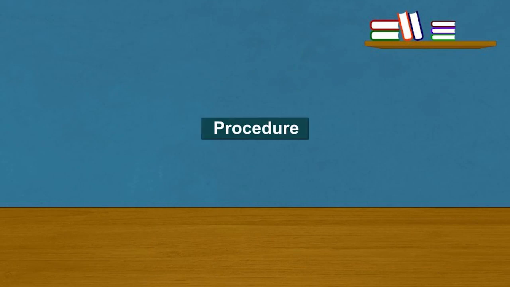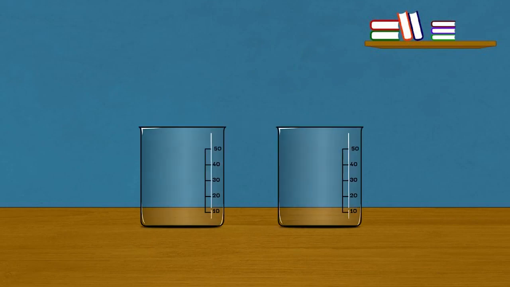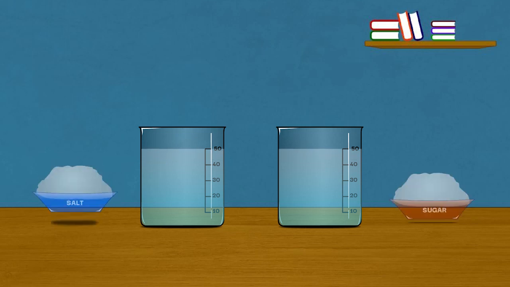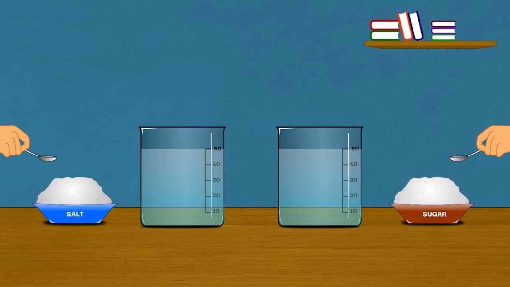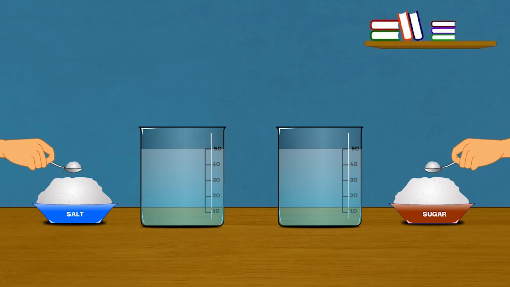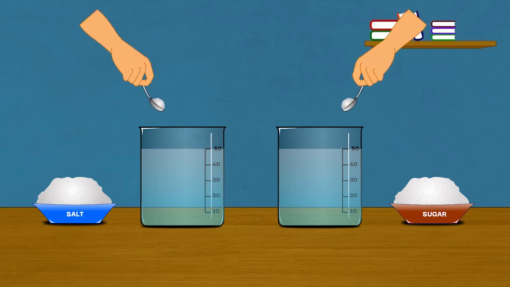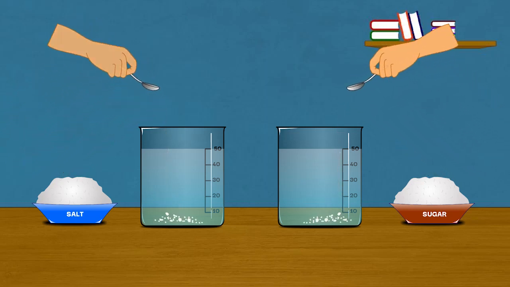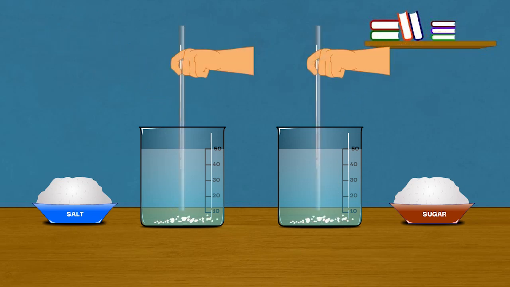Procedure: take approximately 50 ml of water each in 2 separate beakers. Add salt in one beaker and sugar or barium chloride in the second beaker with continuous stirring until no more solute can be dissolved.